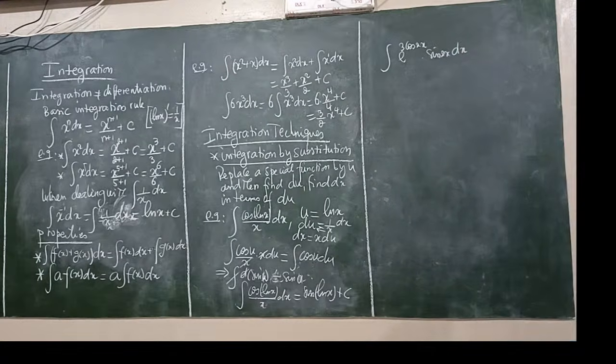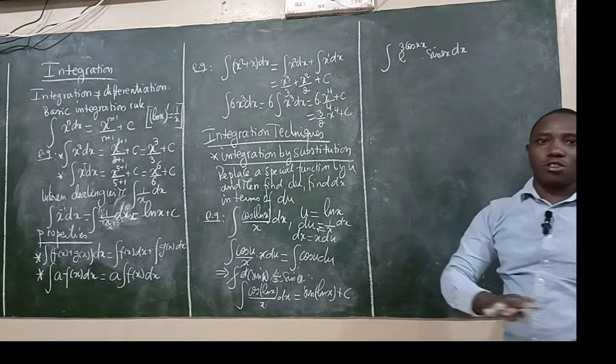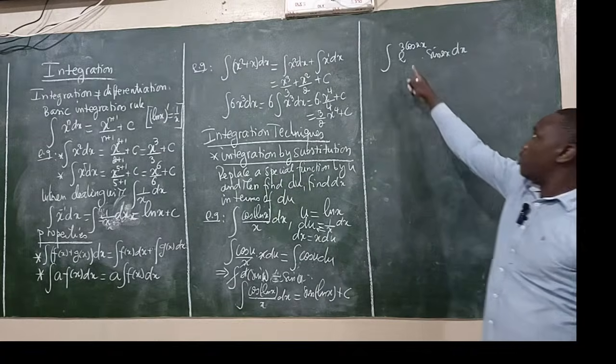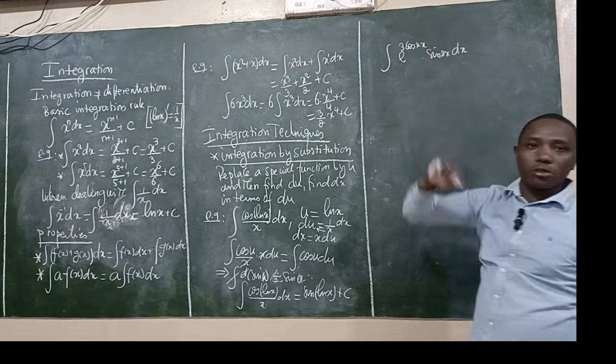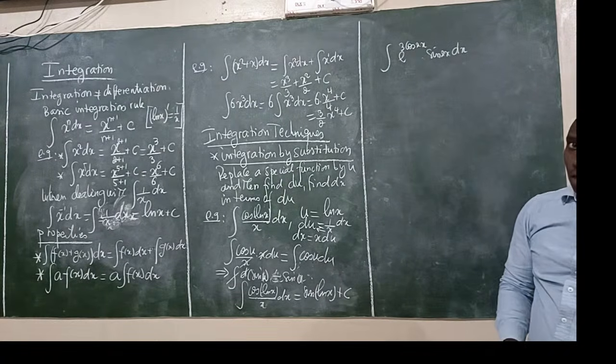What is that integral? Here we have sine 2x, this is not special. Here we have exponential of 3 cosine 2x. Is that special? I hope it is.